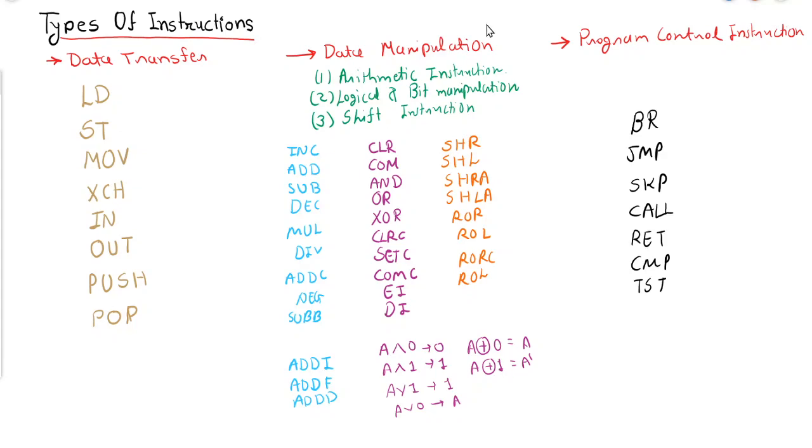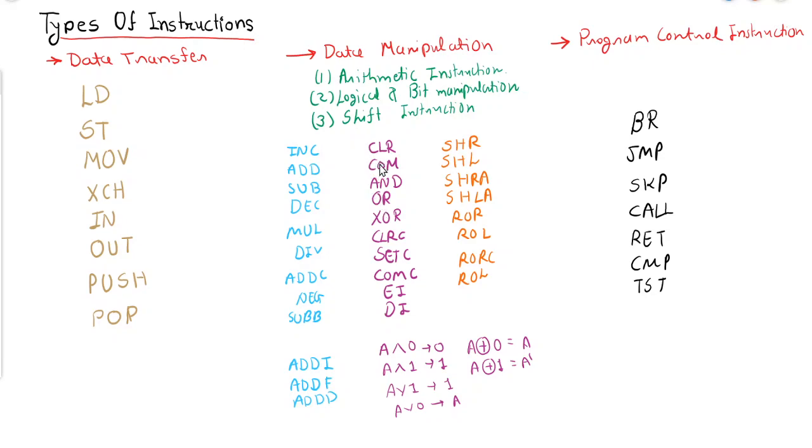Then data manipulation instructions will be categorized into three categories: arithmetic, logical, and shift. In arithmetic, we have addition, subtraction, multiplication, division, complement, increment, and decrement instructions, and in addition, architecture specific ones for integer, float, and BCD numbers.